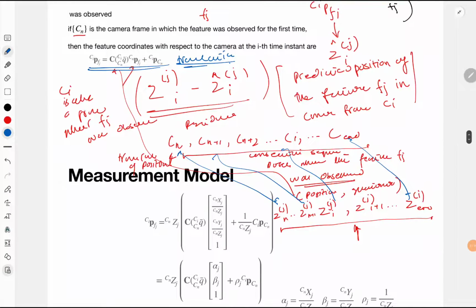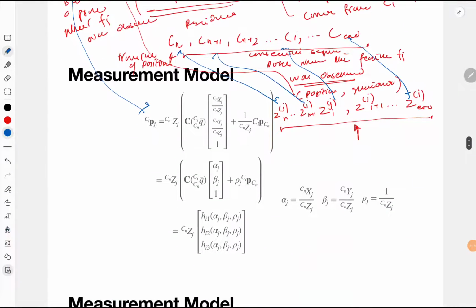So going forward with this equation, you can write it out as this thing. If you take the zi out of the fj, and then you write it out as this thing, where alpha, beta, and rho are these things from here.